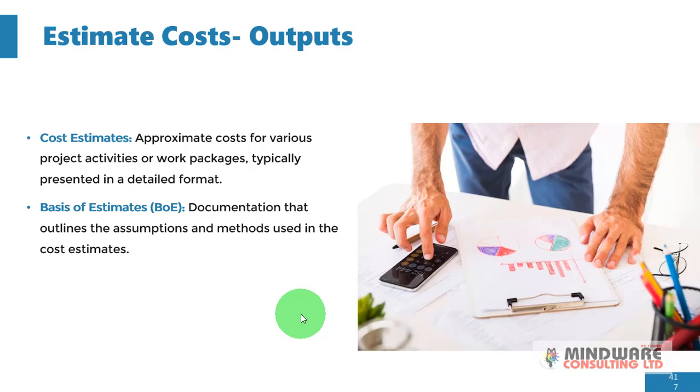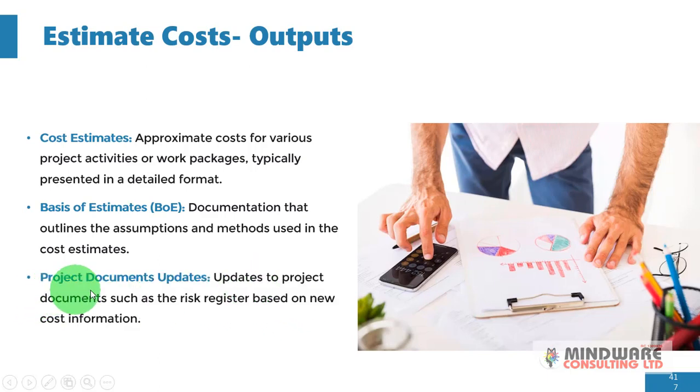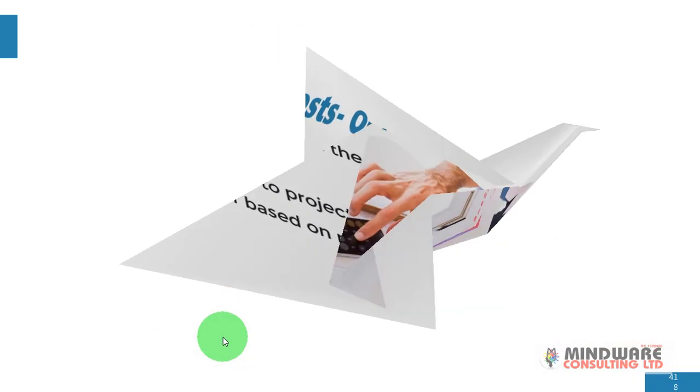All right, so the basis of estimate is also a very important document that goes alongside the cost estimates. Project document updates. Updates to project documents such as the risk register based on new cost information. Okay.